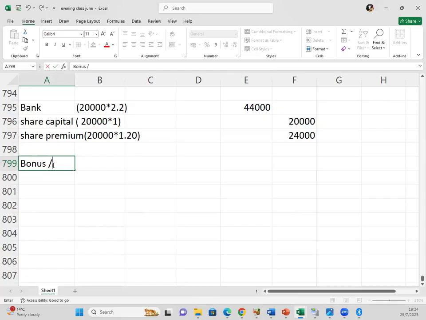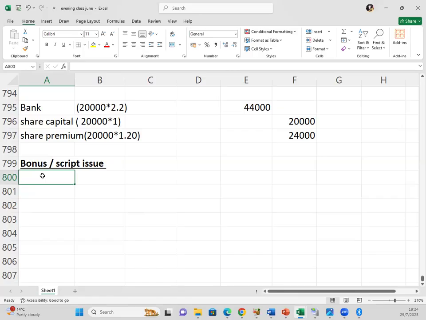For the bonus or scrip issue, or the market capitalization issue, this is when shares are issued for free to existing shareholders. Those that have shares are being given shares for free. They don't need to pay for these shares.